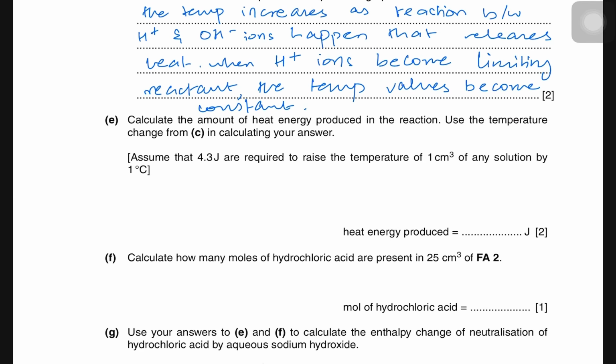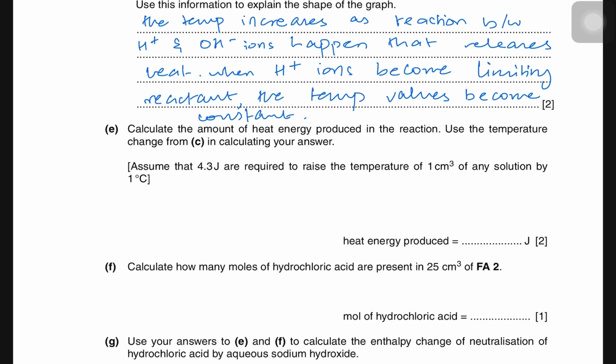Moving on, calculate the amount of heat released in the reaction. Use the temperature change. So you have to find the heat released. Heat released is equal to mass times specific heat capacity times change in temperature. So how much mass was there? The container contained a total of 65 centimeter cube solution, which means 65 grams.